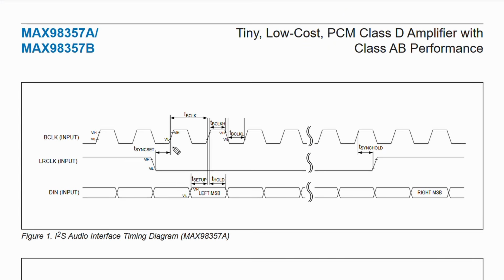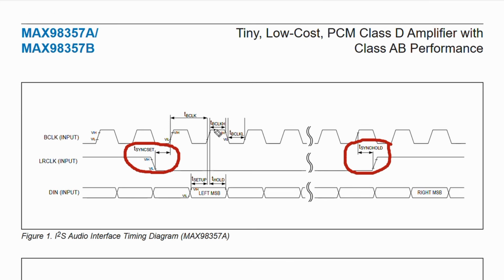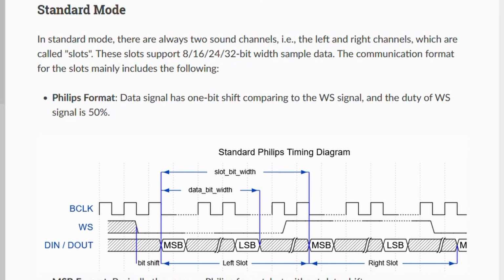The WS or left-right clock should have setup and hold time of at least 10 nanoseconds in relation to the BCLK clock. Once the WS clock line is ready, the data change happens on the second rising edge of BCLK, basically a 1 bit shift. This here is in line with the Philips format that we came across with the ICS43434 mic as well.